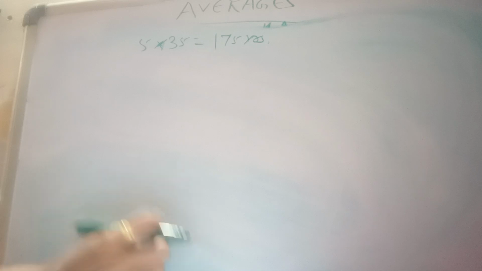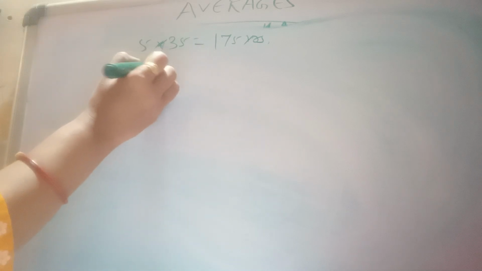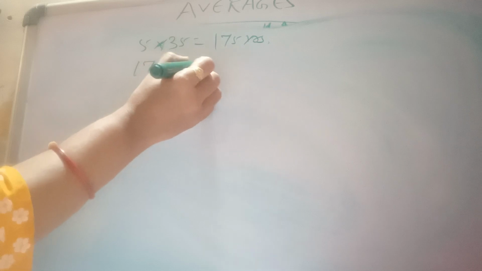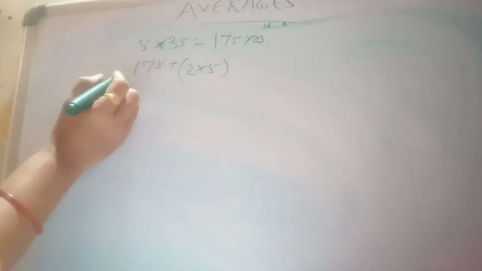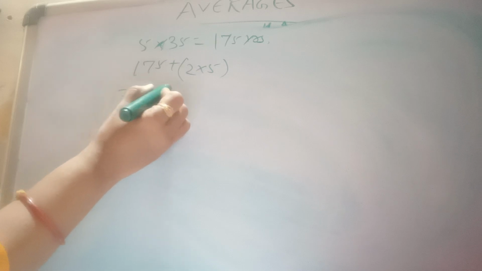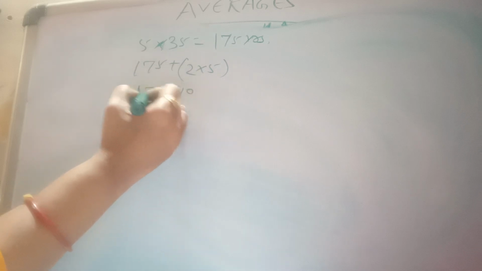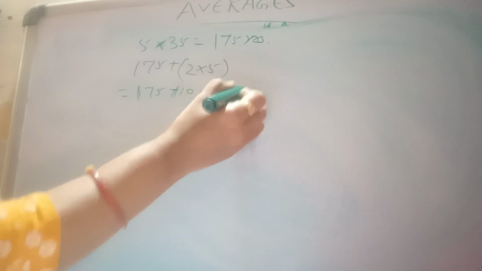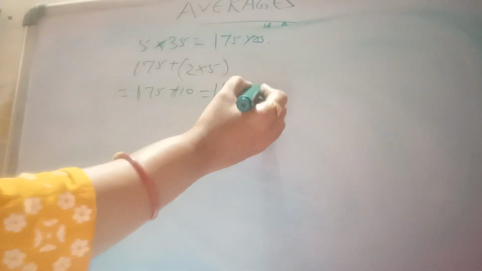And then at the time of birth of new baby, total age of the family will be 175 plus 2 into 5. Okay, so 175 plus 10 equals to 185 years.